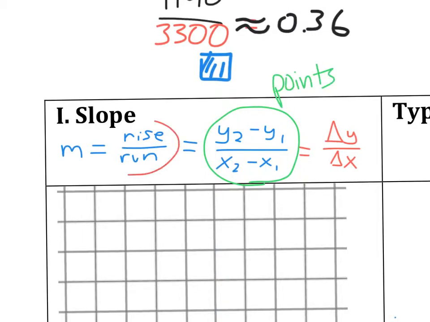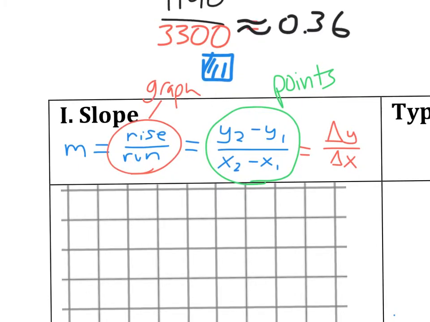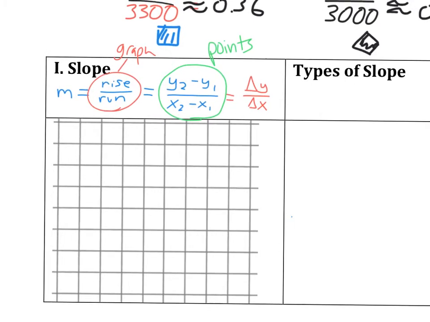And the counting method is the primary one you're going to use when you're given a graph. So take, for example, right here, if we have this point here and this point here, and we want to count what the slope of the line is. This one's fairly straightforward when we are using the graph, because all we have to do is count how much it goes up or down from one point to the next, and then how much it goes left or right.